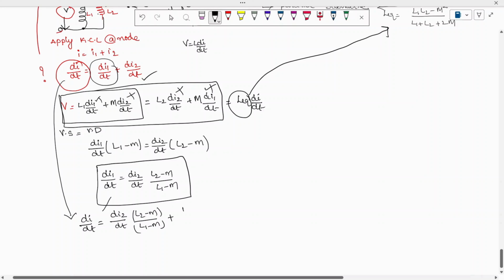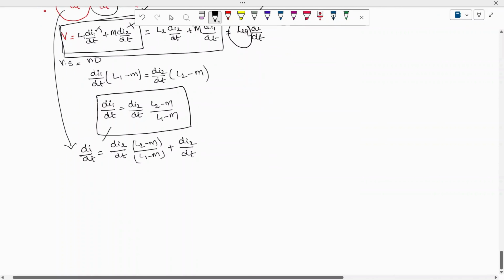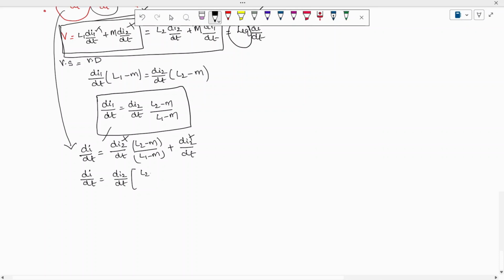We have di2 divided by dt. So now this is the ultimate equation we have. So I can write di by dt, taking di2 by dt as a common term, equal to di2 divided by dt into L2 minus M divided by L1 minus M plus 1. So this is one of the major equations we have.